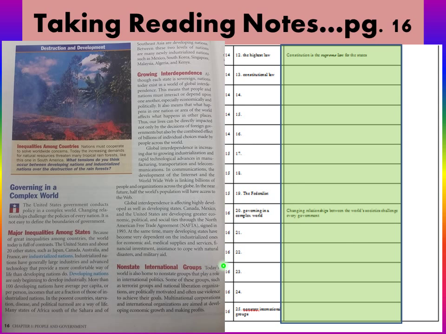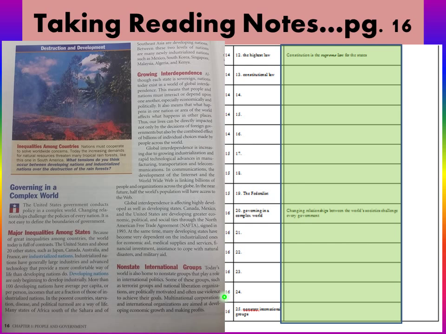Today's world is also home to non-state groups that play a role in international politics. Some of these groups, such as terrorist groups and national liberation organizations, are politically motivated and often use violence to achieve their goals. Multinational corporations and international organizations are aimed at developing economic growth and making profits.